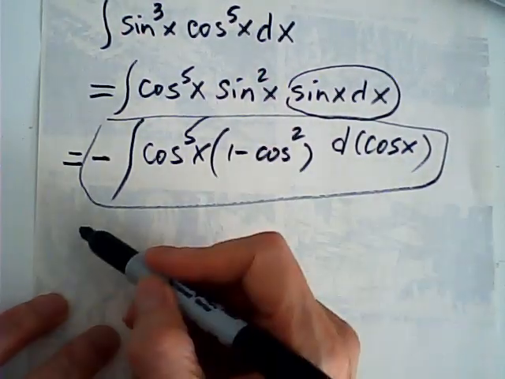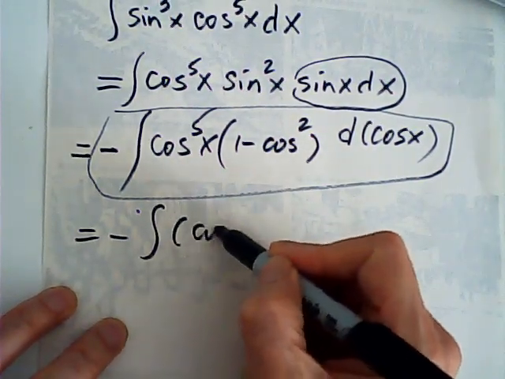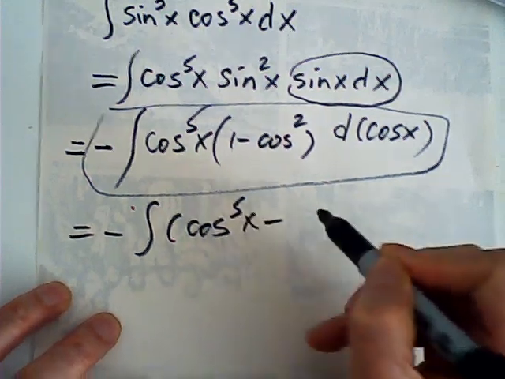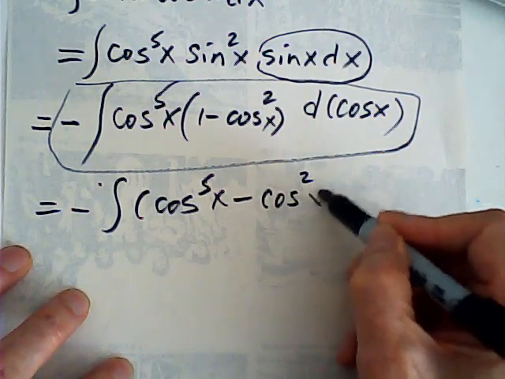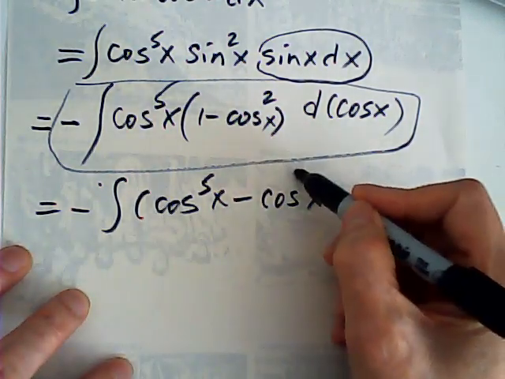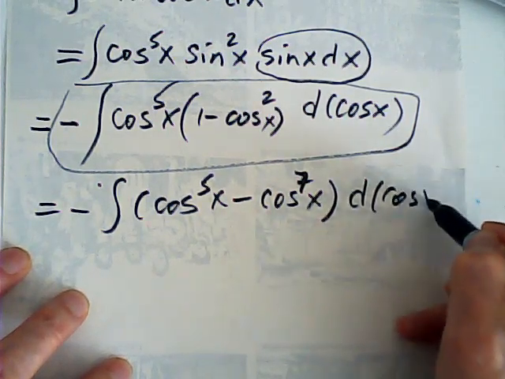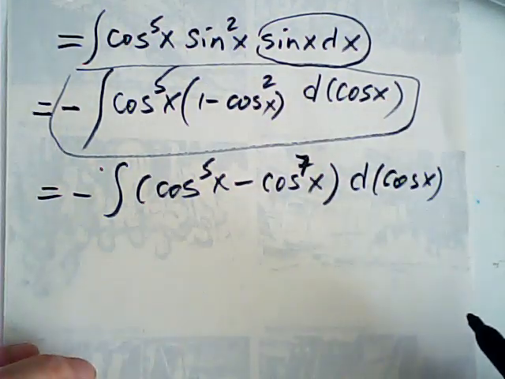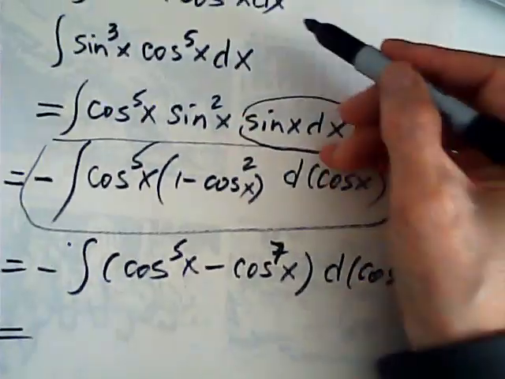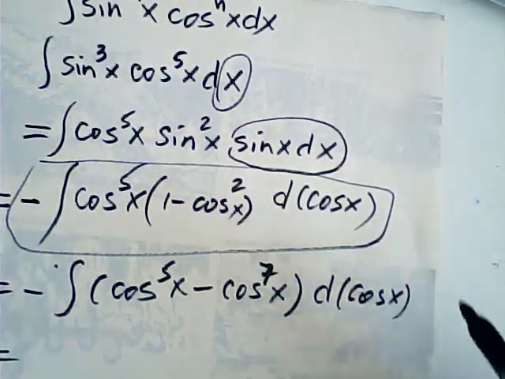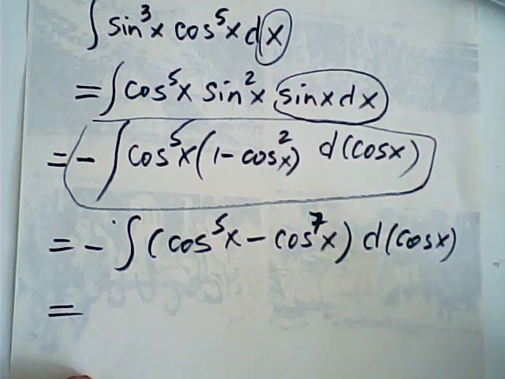This is very easy. This is a polynomial, right? It's negative integral of cosine^5 x minus cosine^7 x d cosine x. Yes, when you change the variable from x into cosine x, this is no longer trig functions, just a polynomial.